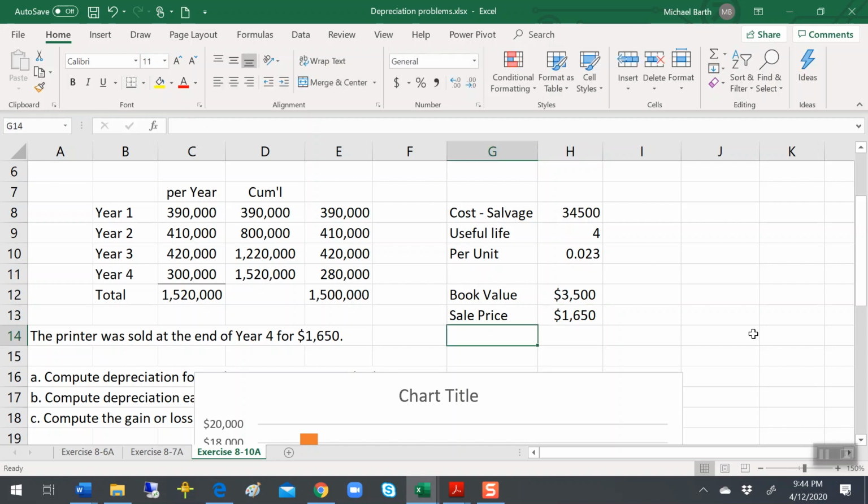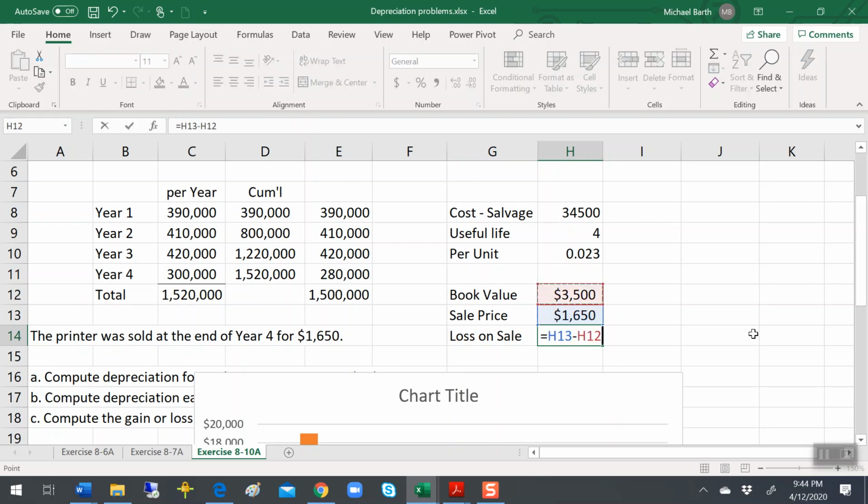It means that you sold it for less than the book value, so you would have a loss on the sale of $1,850.